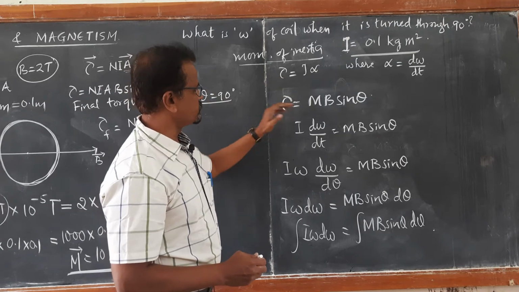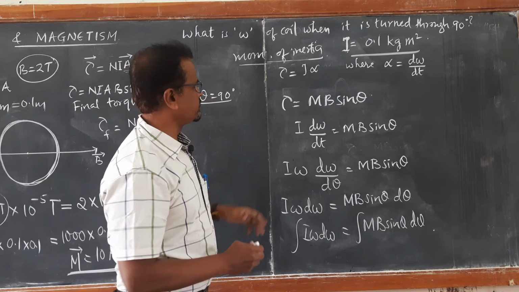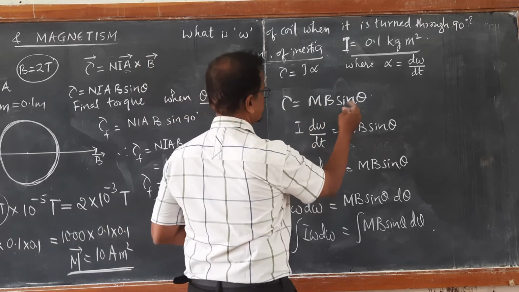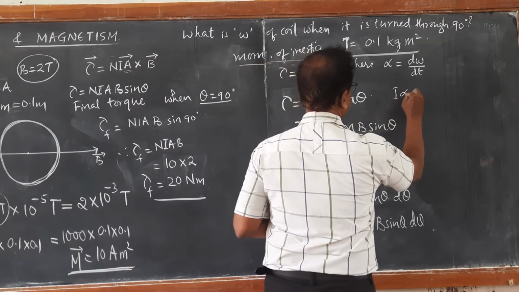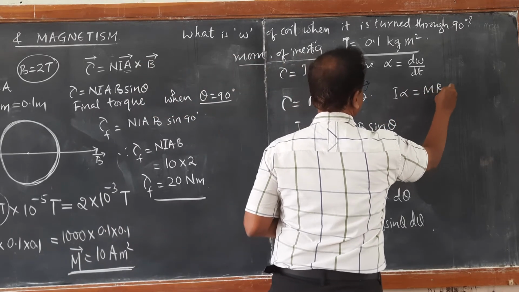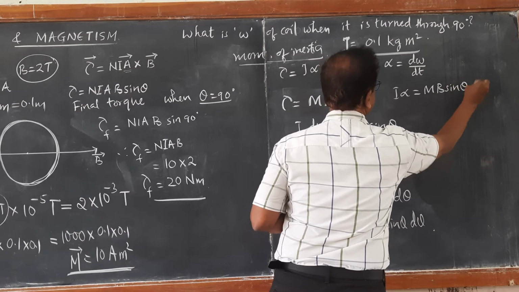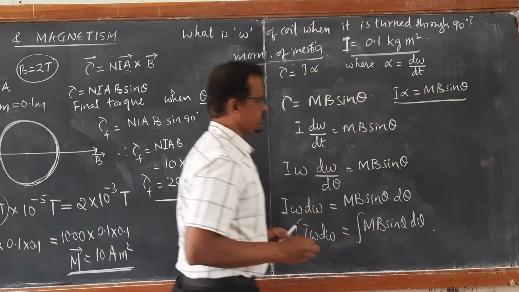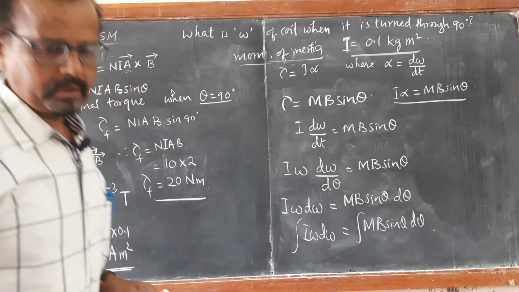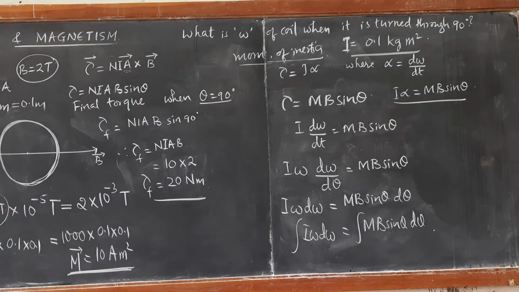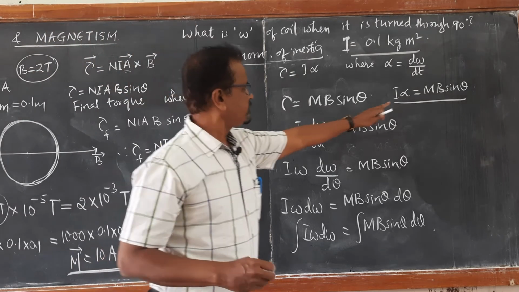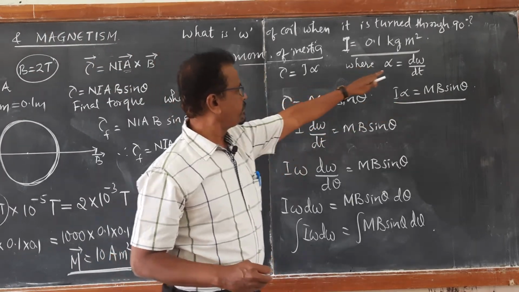So equating these two, the next step will be I alpha equal to mB sin theta. I alpha can be written as I into d omega by dt.